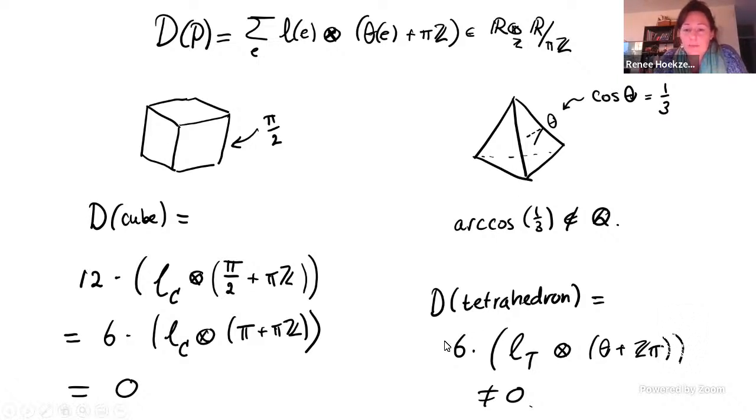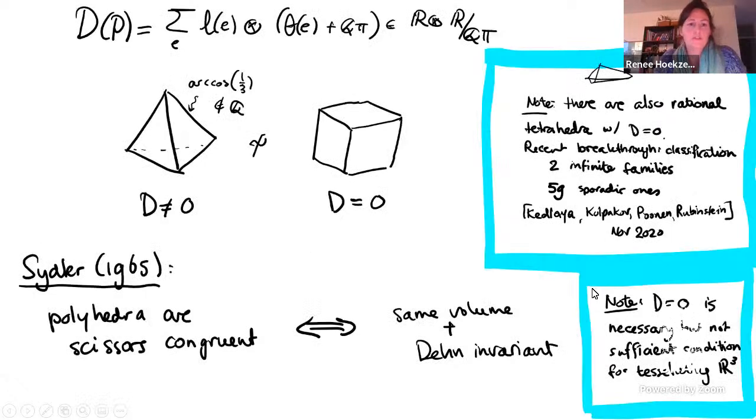So in particular, if I compute the Dehn invariant, this term would have to be 0, and therefore it is non-zero. So this is an easy argument to show that a regular tetrahedron is not equidecomposable, or not scissors congruent, with a cube.